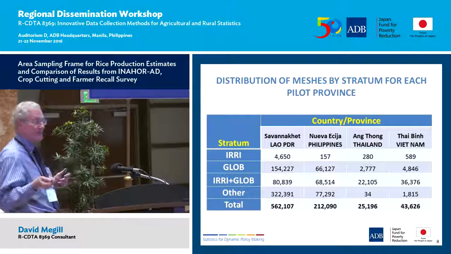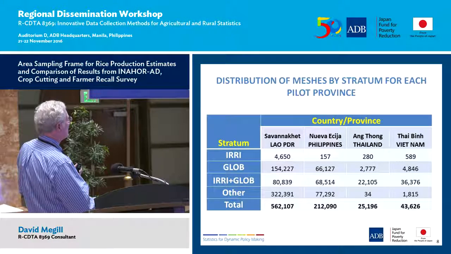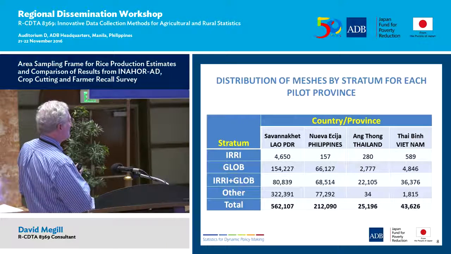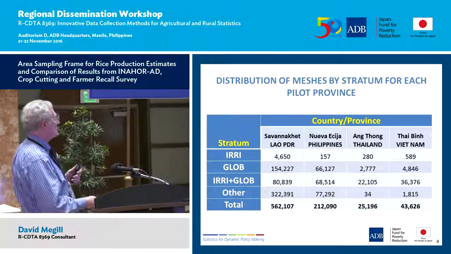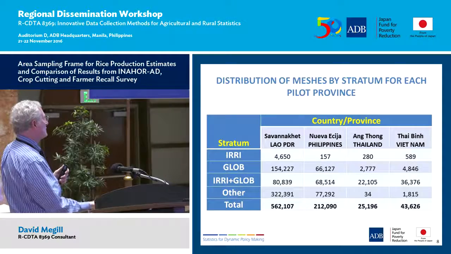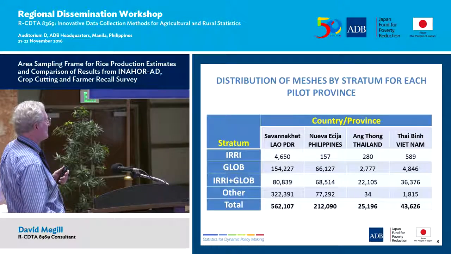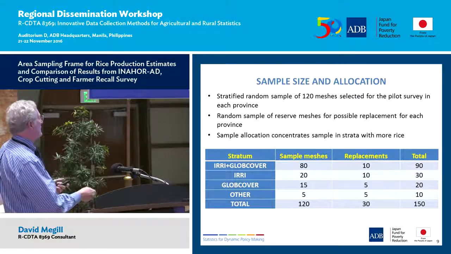And we're going to see the maps just now, which illustrates that. Whereas in Ang Thong in Thailand, for example, you have very little in other, so most of that province has some chance of having rice grown. So we'll move along here.